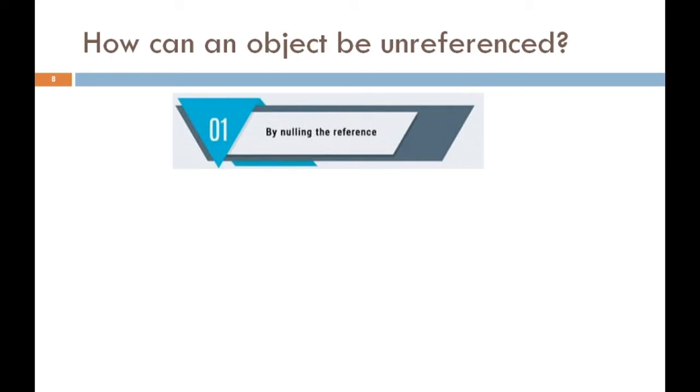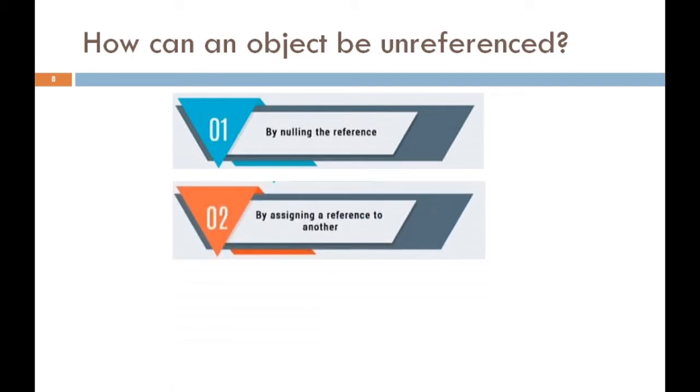For that, I write Employee E equal to new Employee, where E is the object of the Employee class. And when we set the value of E equal to null, then it is considered an unreferenced object.